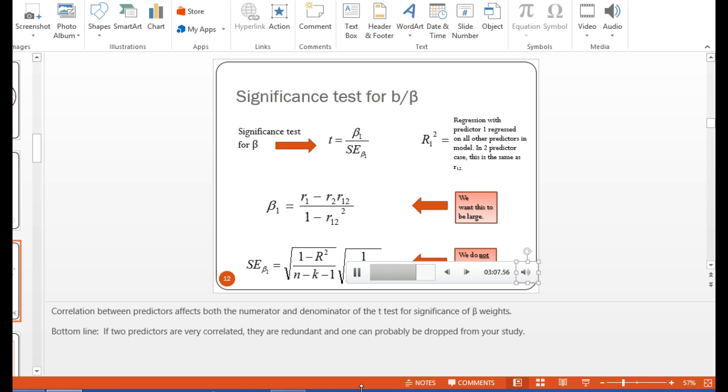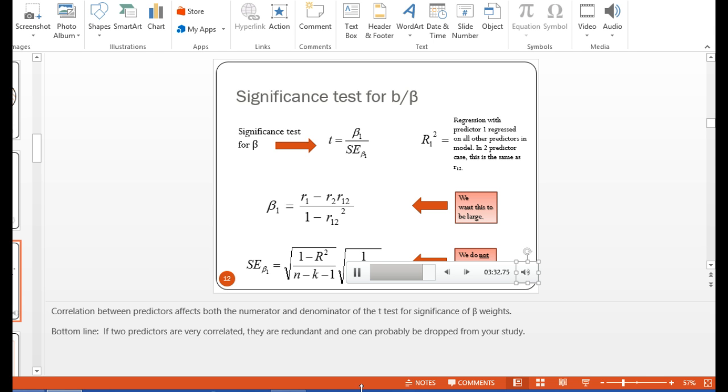So what multicollinearity does is, if 2 predictors are too correlated with one another, and as that increases, it decreases our numerator for the t-test, and it increases our denominator, which does double duty in that sense. It overall works to really reduce the probability that we're going to get a significant t for that beta.